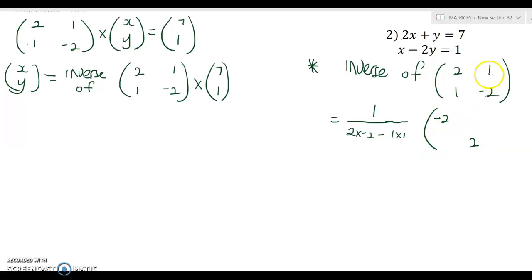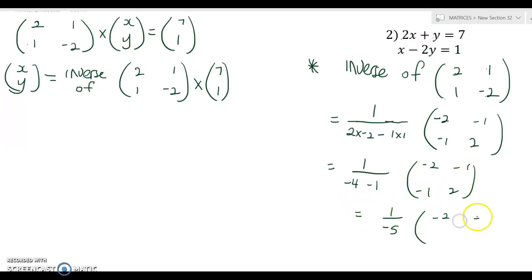And in the second diagonal, the signs change, minus 1, minus 1. Again, you could do it separately, like how I did it in the first question, finding the determinant separately. I know sometimes it's a little bit confusing this way. So here we get minus 4 minus 1, which is minus 5, and our new matrix: minus 2, minus 1, minus 1, 2.